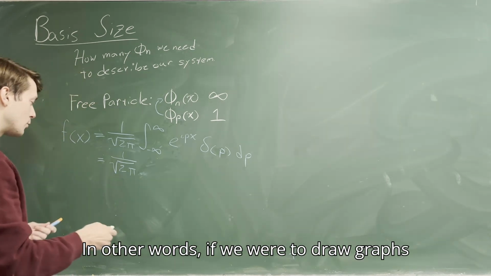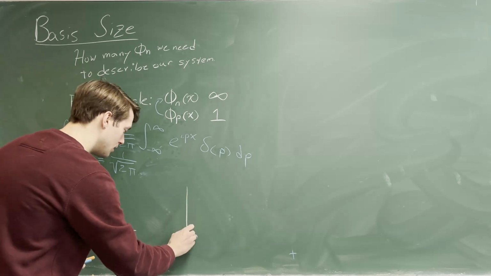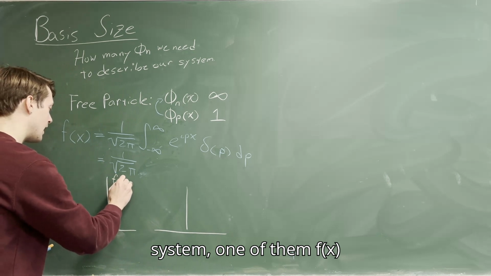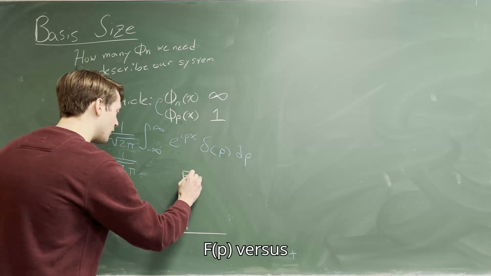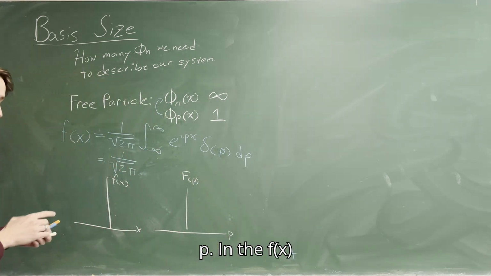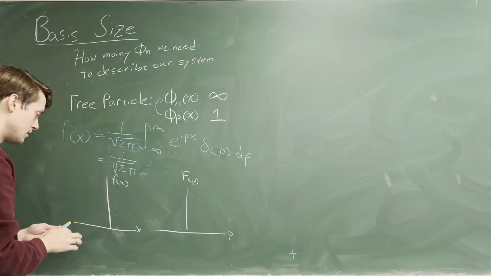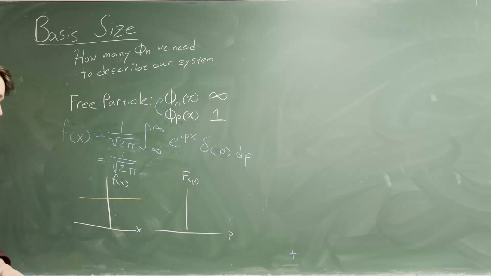In other words, if we were to draw graphs representing these two different ways of looking at our system, one of them f of x versus x, one of them f of p versus p, in the f of x representation, we have a constant. Our system would be a flat line, right?